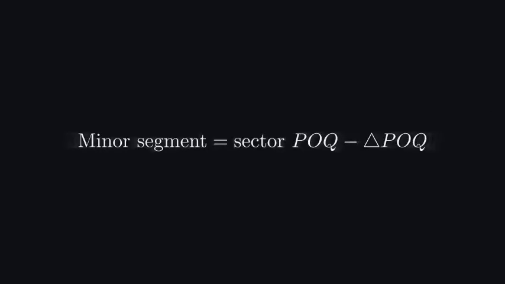The minor segment is the region between the chord PQ and the minor arc PQ. So we subtract the area of triangle POQ from the area of the sector. Cos 35 degrees equals ON over 5.